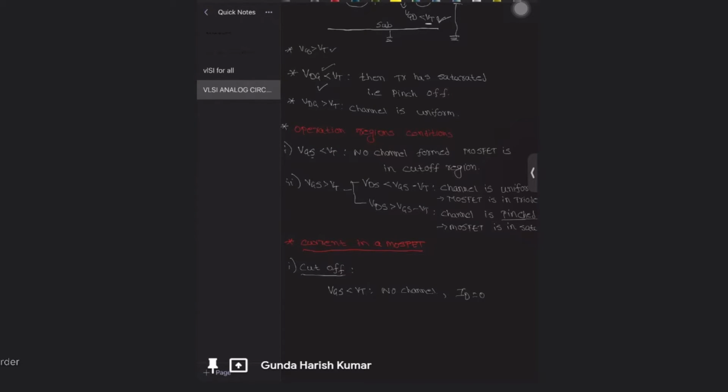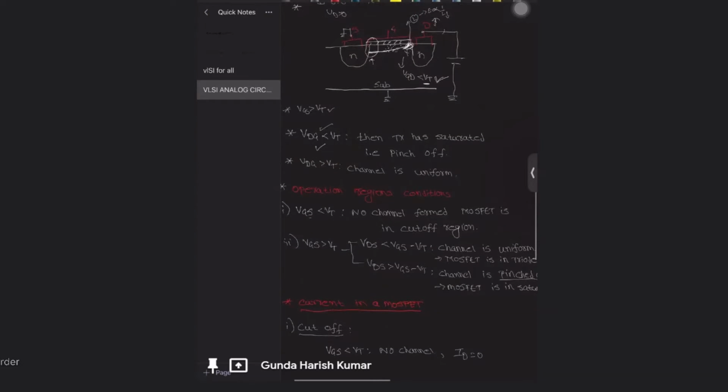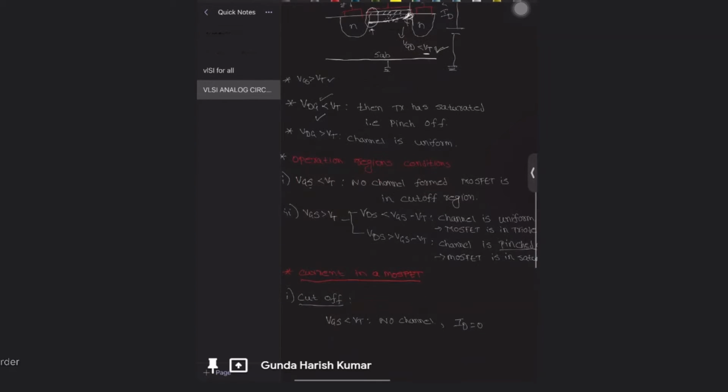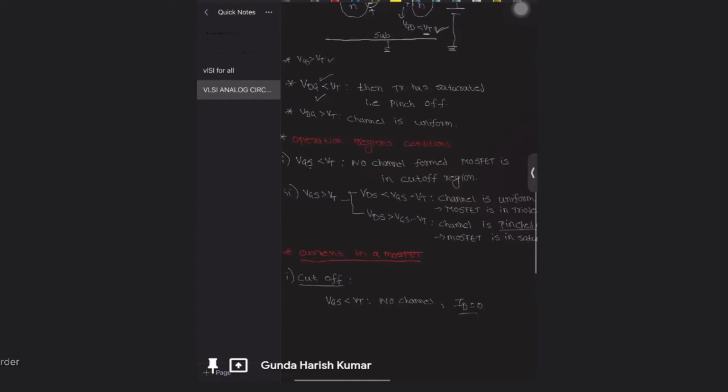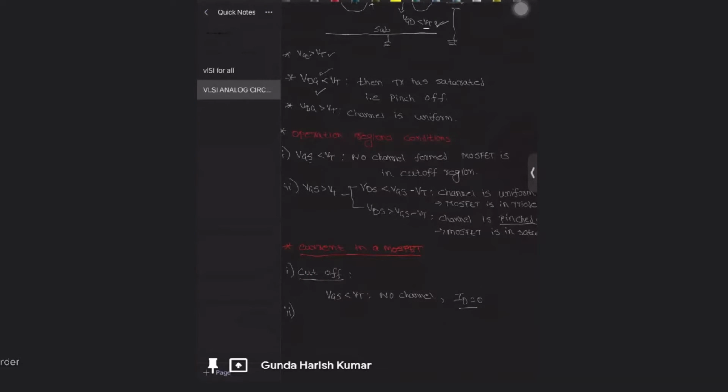No channel is formed. So independent of VDS, how much VDS you apply, the drain current is zero. Drain current ID is the current flowing from drain to source in MOS. So however much VGS or VDS you apply, the current is zero because there is no channel.